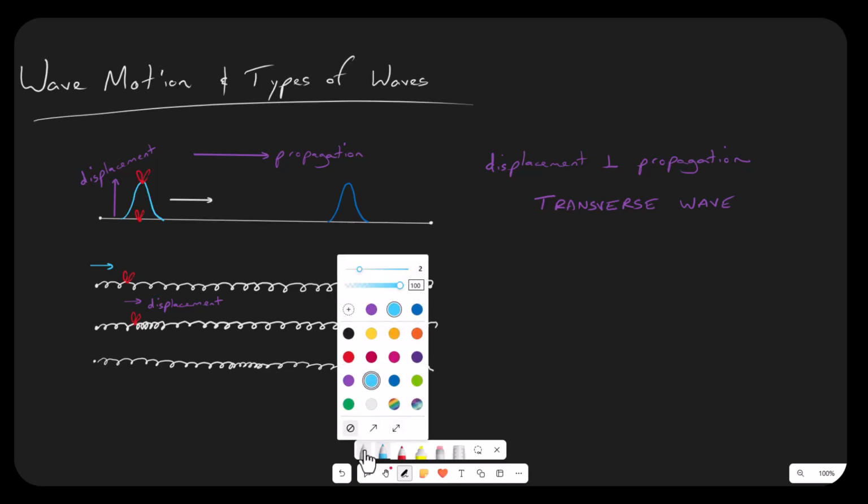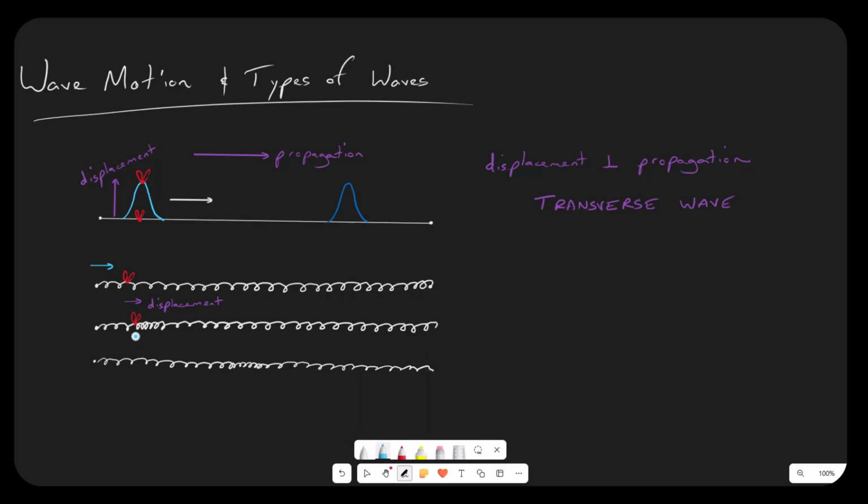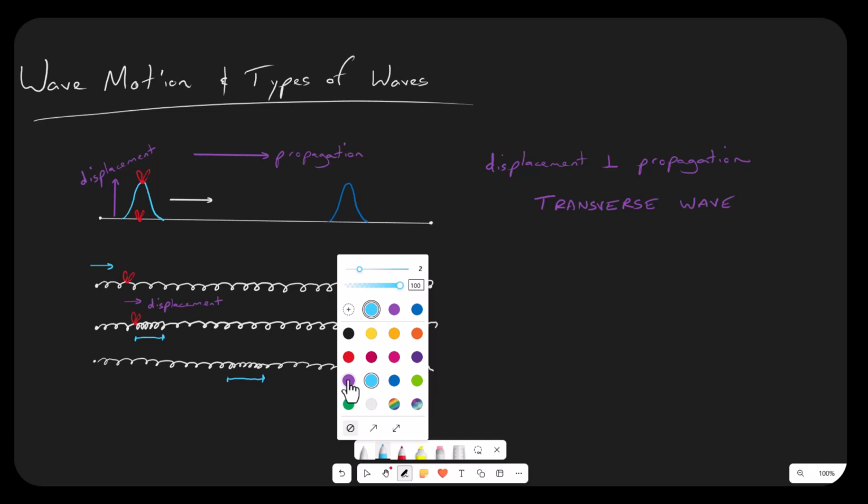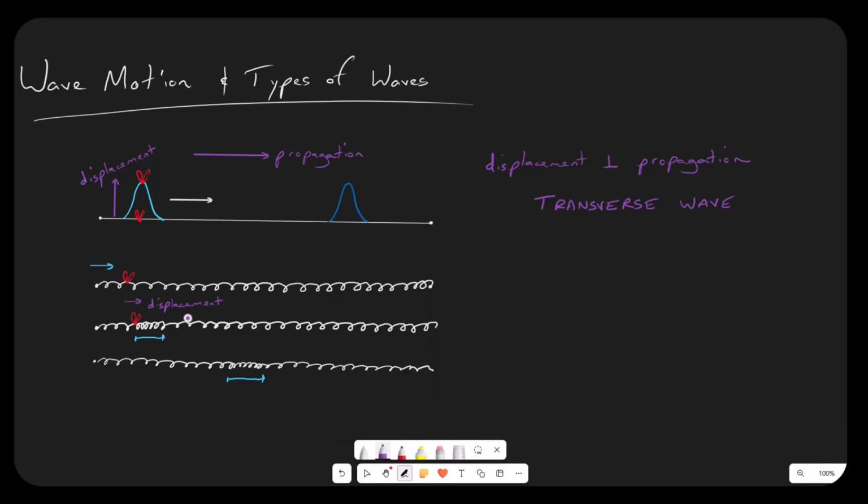I have this packet right here of compression, and it's moving down the line. So I have displacement to the right, but I also have propagation to the right. When that's the case, when my displacement is parallel to my propagation, we call this a longitudinal wave.